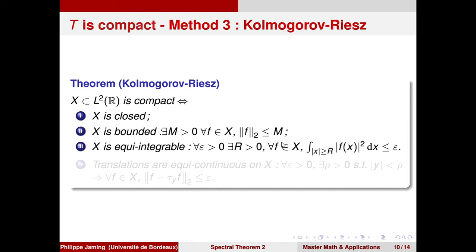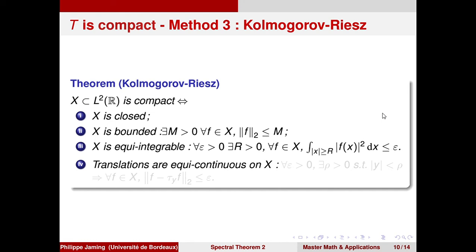This holds for every single F in L2, and here it has to hold uniformly for F in X. And of course, we can see L2 of T as functions in L2 over a single period 0,1. So this condition doesn't make sense there.